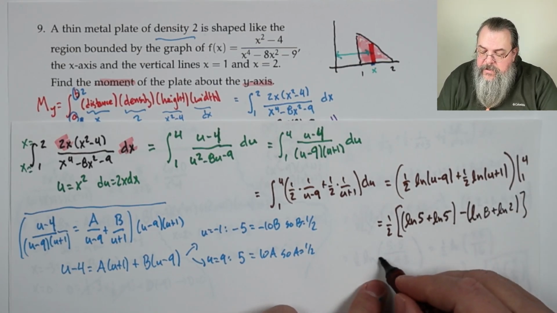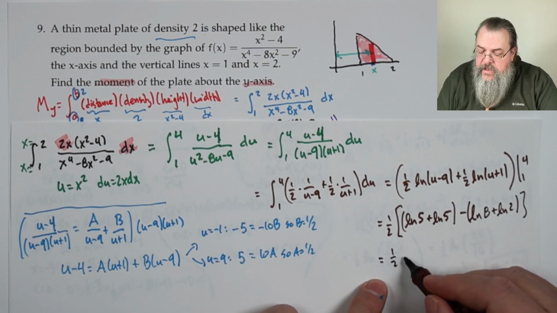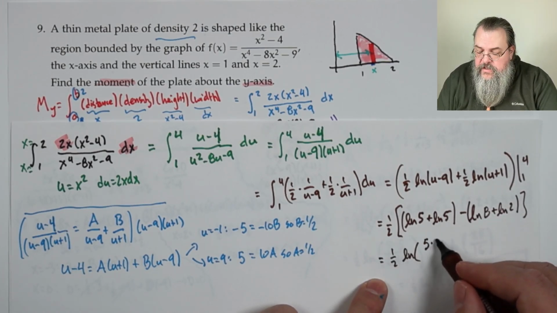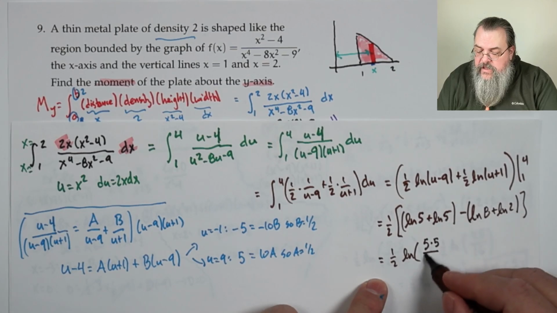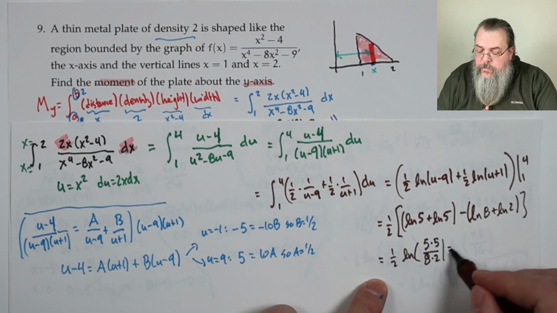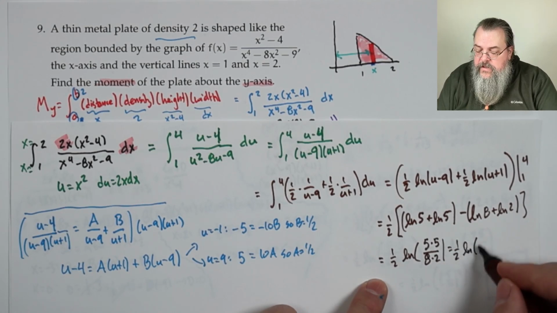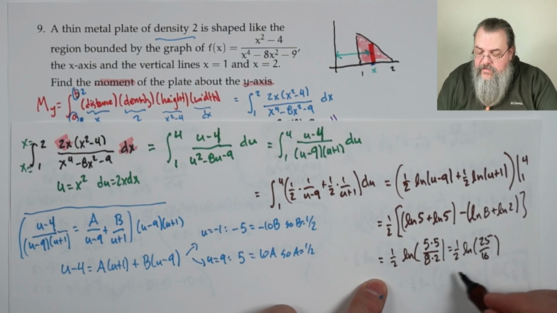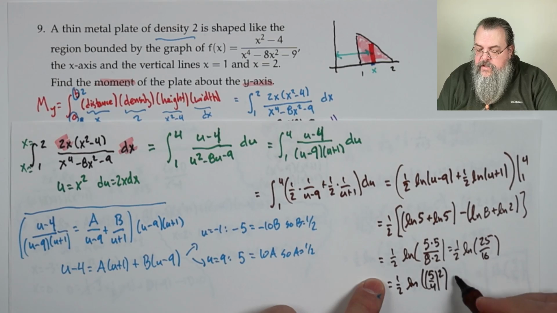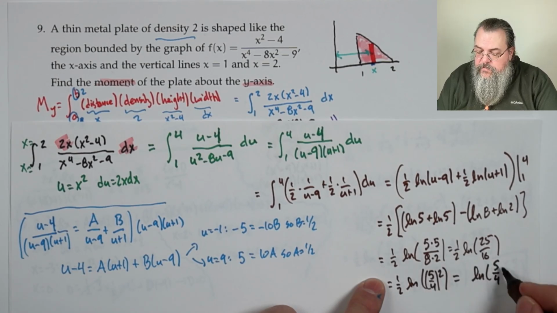And we do the same thing we did before, namely, the pluses go upstairs, the minuses go downstairs. So we really have 1/2 log 25 over 16, but that's the same as 1/2 log of 5 over 4 quantity squared. The 2 comes down, so we end up with log of 5 over 4.